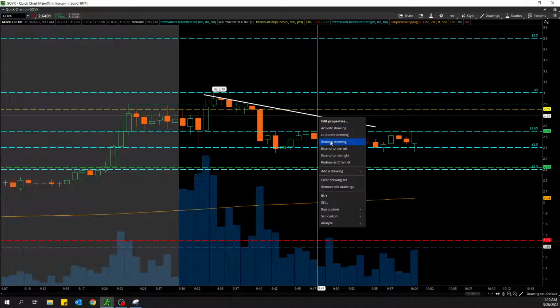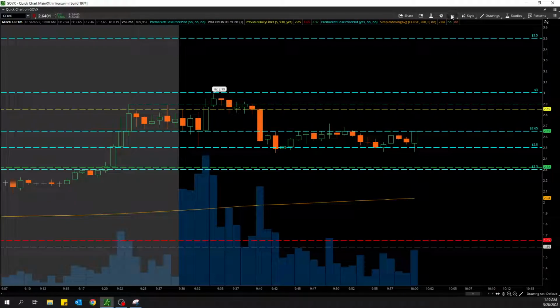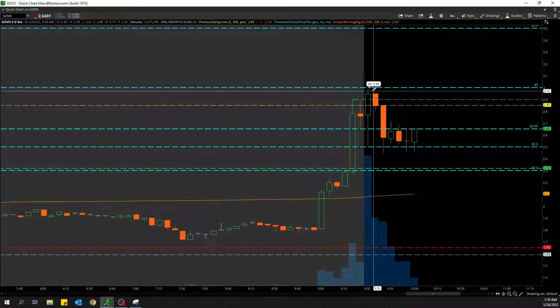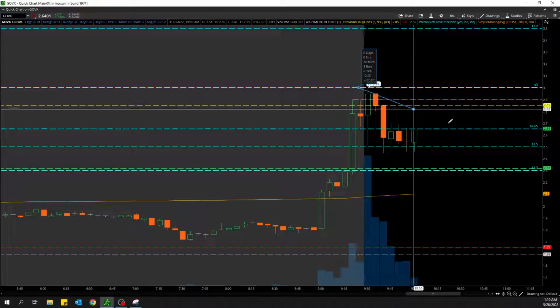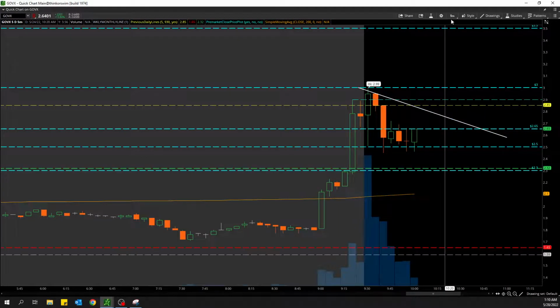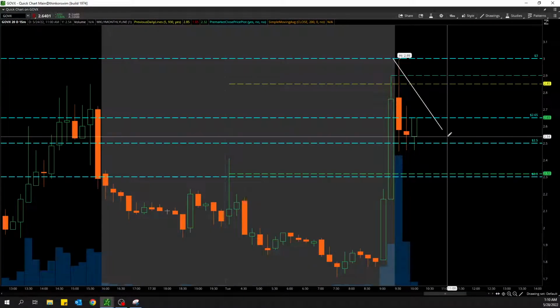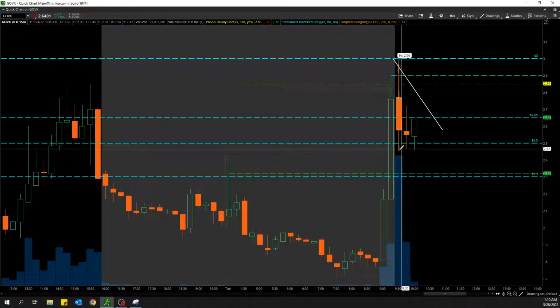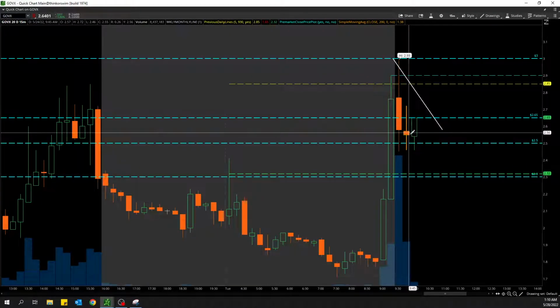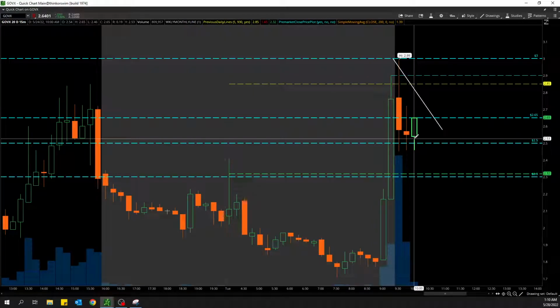But the biggest thing is now you have to redo your drawing. Now we go back to the 5 minute. It's starting to look a little different. Another thing you want to do is look at the 15 and see that right here it's making higher lows, but it's not structurally showing lower highs and lower lows.